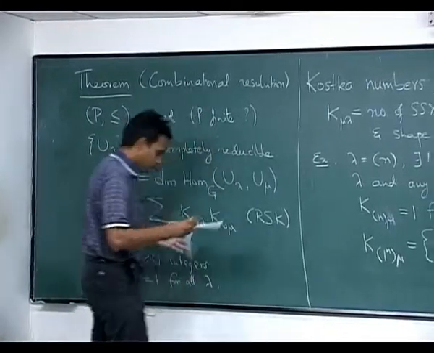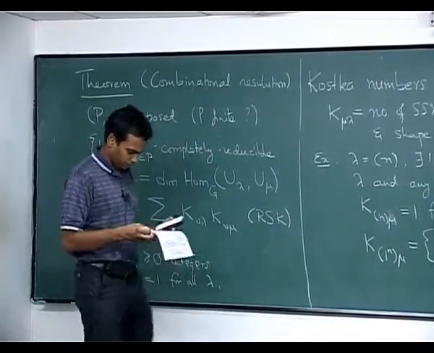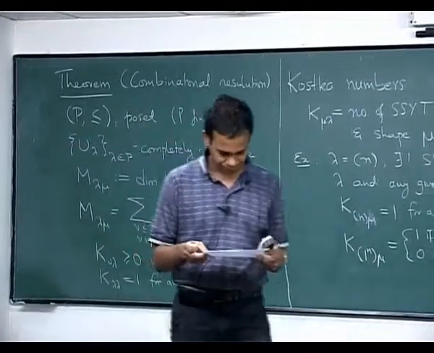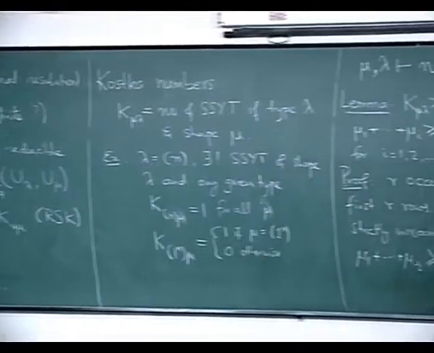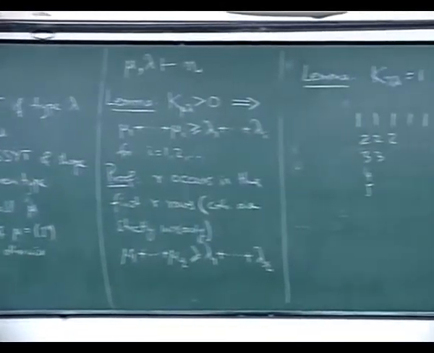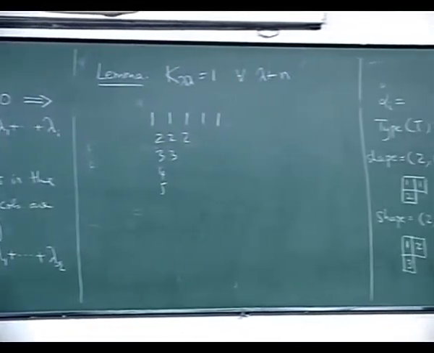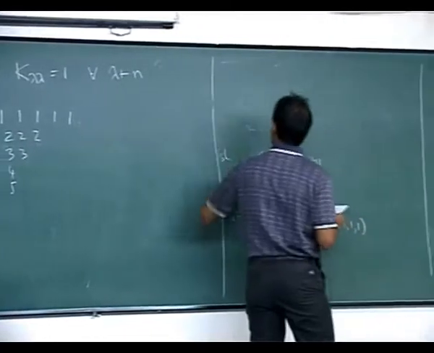And that is exactly what the RSK correspondence will do. So, to start describing the RSK correspondence, the first thing is to understand Schensted's row insertion algorithm.